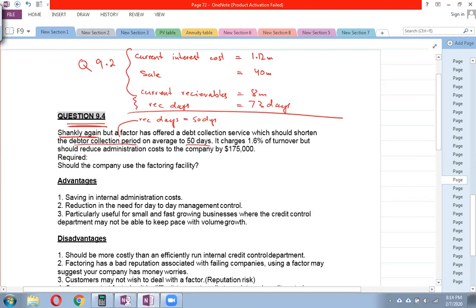If the receivable days will be reduced, what will happen? Interest cost will be reduced, right? But now we have to consider that we have to give some charges. The factor charge is 1.6% of the sale. For what? For reducing, but should reduce the administration cost. Okay, there is another saving. Okay, good one. We will also get administration saving.